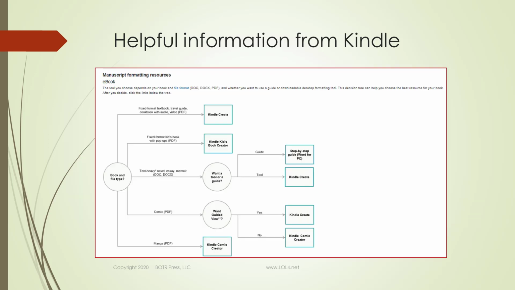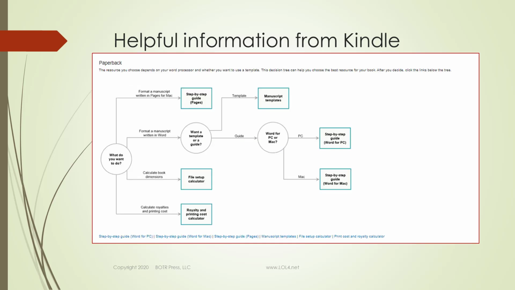This helpful chart includes information about which product to use if you're formatting it for an ebook and which kind of book you're doing, so which product will be best. And then if you're working on a paperback book, which one will be best. And these are all down that helpful information page available for you.